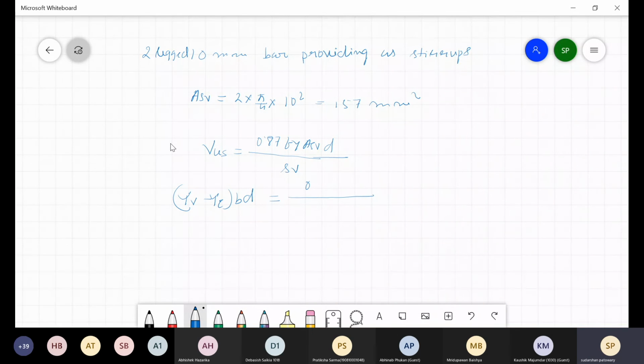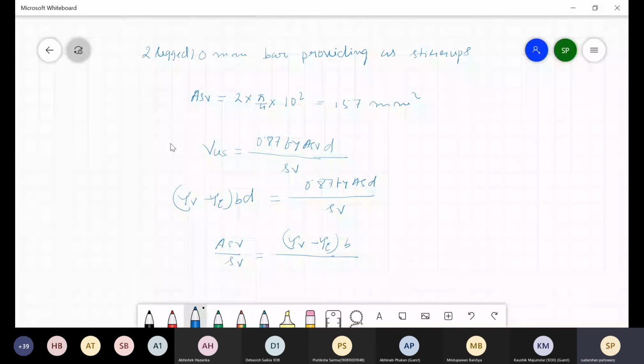Again, I am deriving. And from that, what you will get? Asv by Sv is equal to tau v minus tau c into b by 0.87 fy.